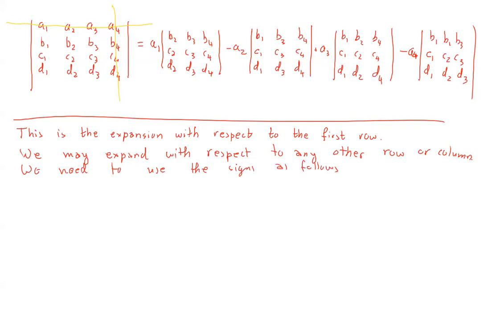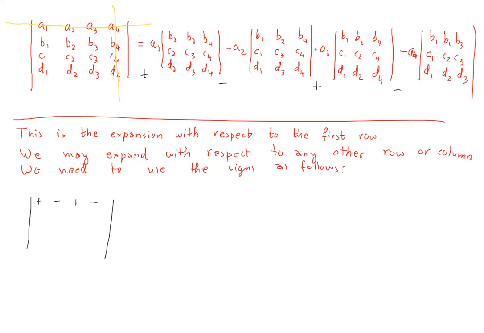So do you see how in the previous example, the signs that I use are plus for A1. So I'm not changing it. If A1 was a negative number, it remains negative. If it was positive, it remains positive. And then minus, plus, minus. You see how the signs alternate. So that's always how you should play this game. When you start with the first row, you do plus, minus, plus, minus.